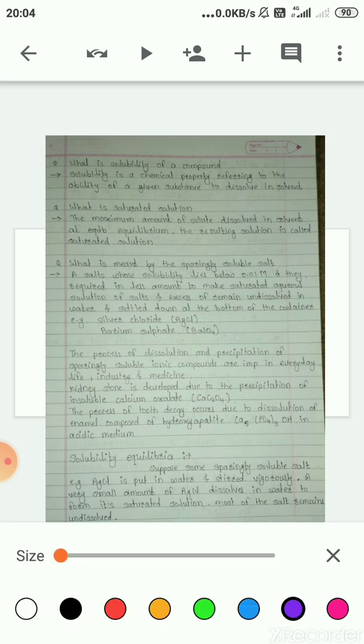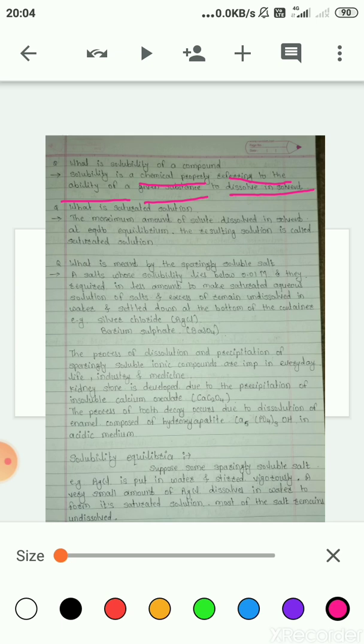So solubility is a chemical property referring to the ability of a given substance to dissolve in solvent. How can we define the solubility of a compound? Solubility is a chemical property referring to the ability of a given substance to dissolve in solvent. It is called solubility.